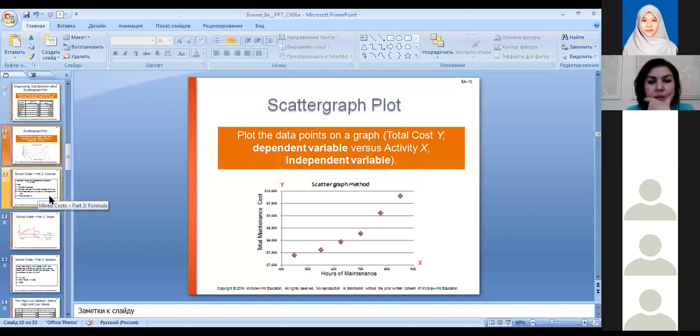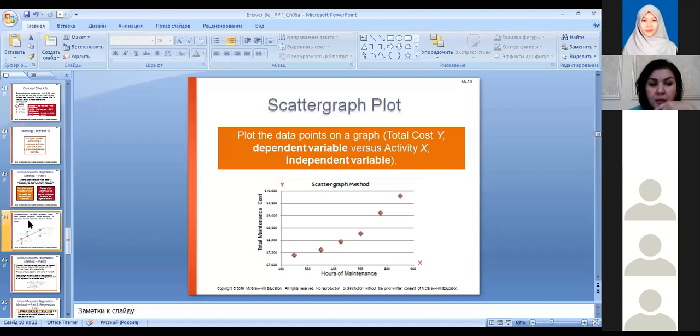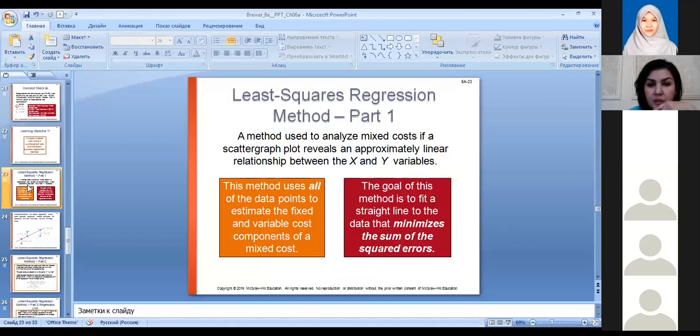Later on, I will show how the scatter graph looks when there is no linear relationship. So we know that there is a linear relationship, right? Then we may apply least squares regression analysis.